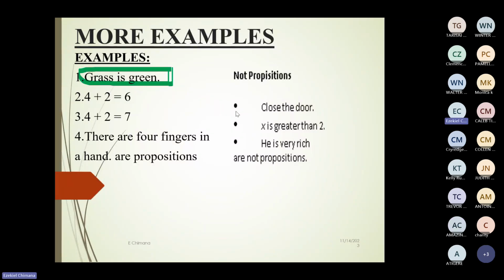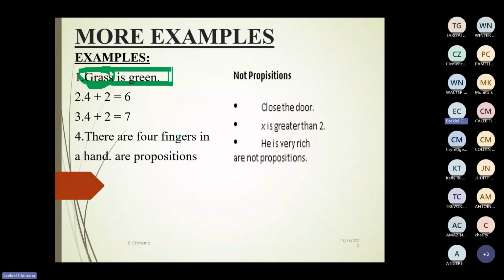The thing is, we have an unknown variable here, so we cannot take this one as a proposition. We are saying grass is green, but which grass are we saying is green, so that we can confirm whether it is true or false? We don't know which grass you are referring to. This one cannot stand as a statement or as a proposition.